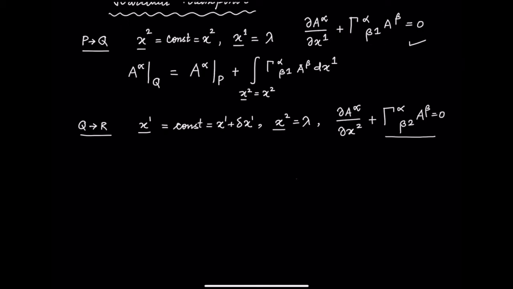We can again do the integral and write A alpha at R equals A alpha at Q plus the integral with x1 as x1 plus delta x1 of gamma alpha beta 2 A beta, and then the integration is over dx2.